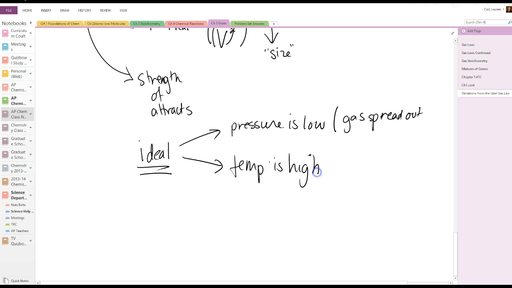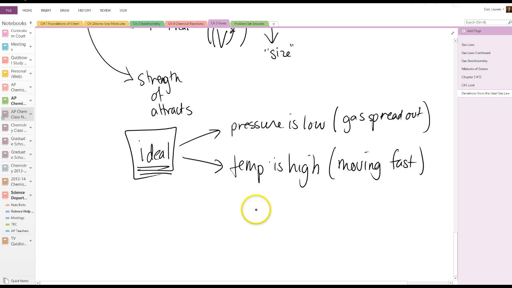So we have ideal gases when the pressure is low and the temperature is high. Remember, the temperature being high has to do with the speed. If it's moving fast, it doesn't have time to interact, and those IMFs can't happen. So intermolecular forces are negligible when the pressure is low and the temperature is high, and then we get an ideal gas. We'll deviate anytime pressure is high or temperature is low.